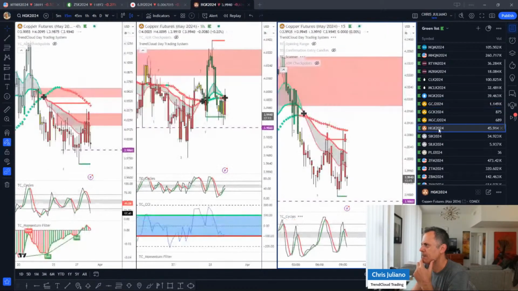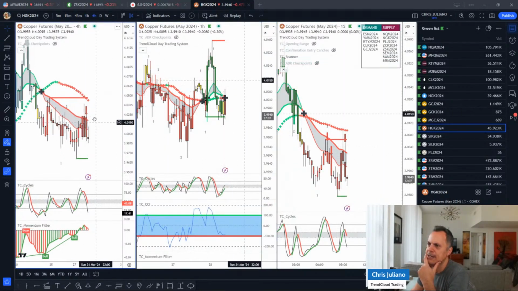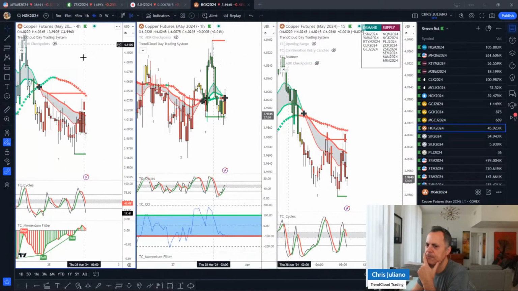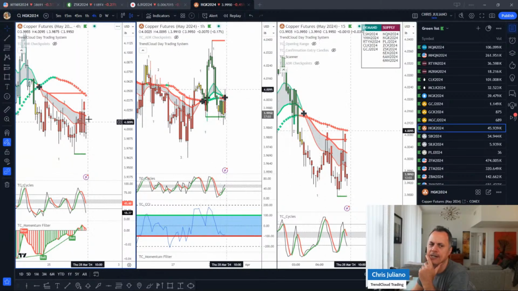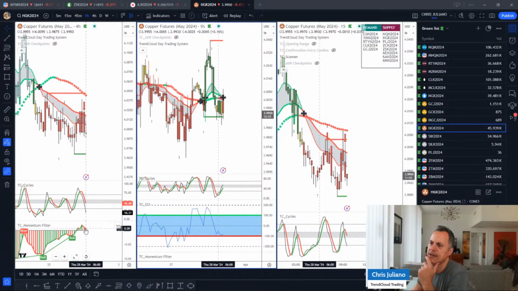All right, let's go over to copper. Copper and silver. Let's take a look at that. That has the highest volume. High contract, high time frame, down. Cycling down. Momentum is down.